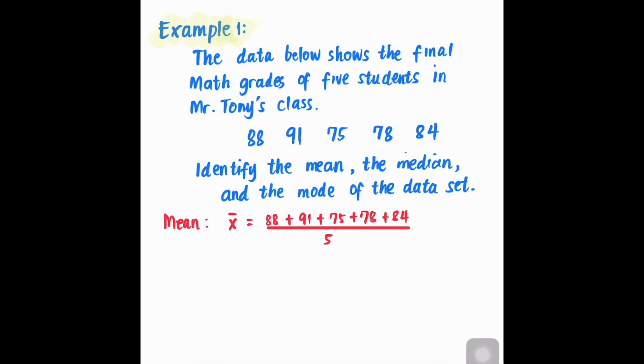So adding all the scores will give us 416 divided by 5. That is going to be 83.2.